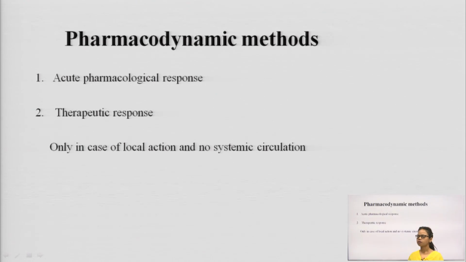Next are pharmacodynamic methods. In these, we study acute pharmacological responses of the drug and its therapeutic responses, and it is done only in case of local action and no systemic circulation.